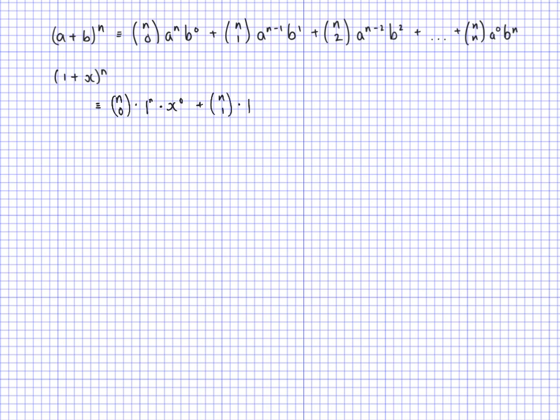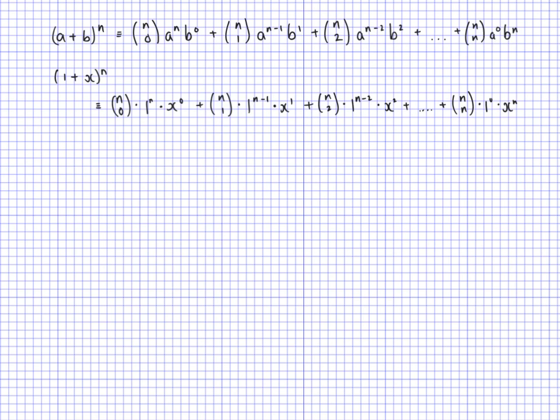This time I'm going to have 1 to the power of n take away 1 and x to the power of 1 plus n choose 2 times 1 to the power of n take away 2 times x to the power of 2 plus all the other terms, and then the last one's going to be n choose n times 1 to the power of 0 and x to the power of n.